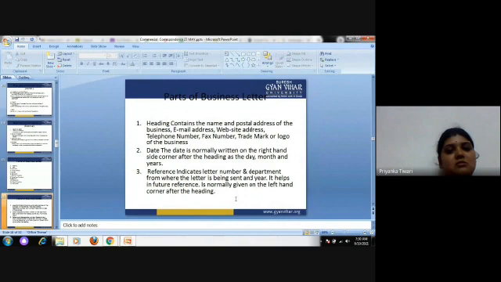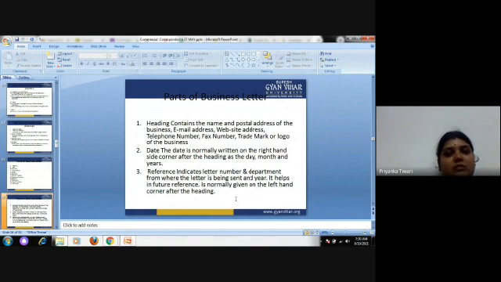Date: the date is normally written on the right hand corner after the heading, as day, month and year. Reference indicates the number and department from where the letter is being sent, and the year. It helps in future reference. It is normally given on the left hand corner after the heading.